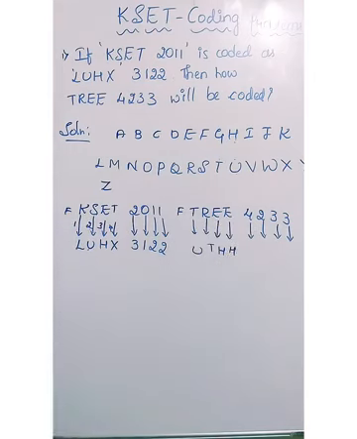Now see here. For G we are getting B, which means it is a backward coding method.